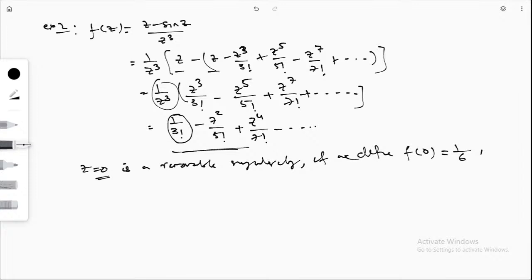Or we can say if we define f of 0 equal to 1 by 6, then the function becomes analytic at z equal to 0.